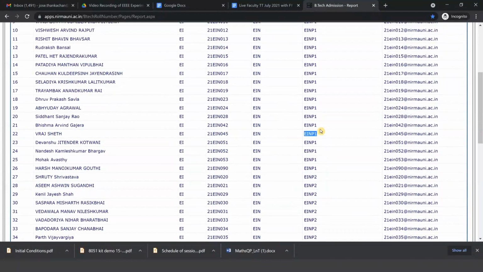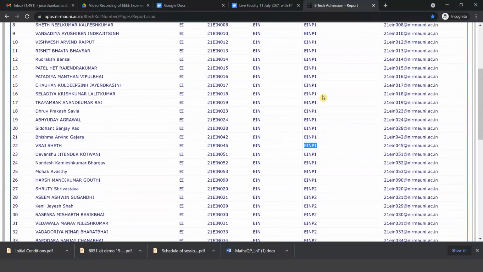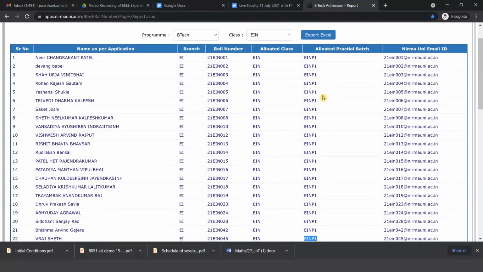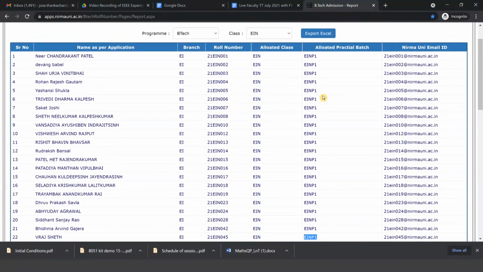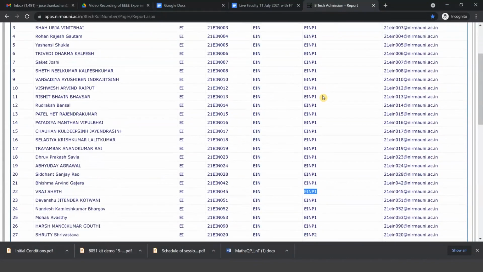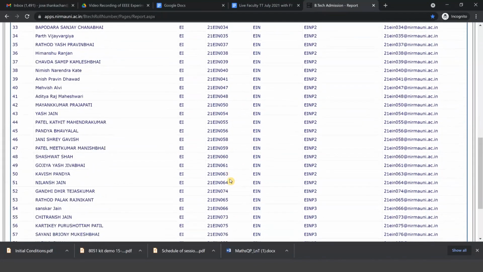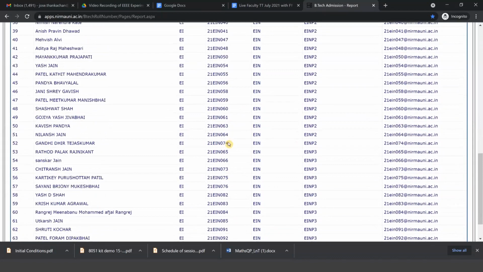P1 means the first practical batch, and since yours is N, this will be N1. So the students till this point, 90, are in N1. From 20 till this point, 74: 41, 47, 48, 50, 54, 55, 56, 58, 59, 60, 61, 63, 64.